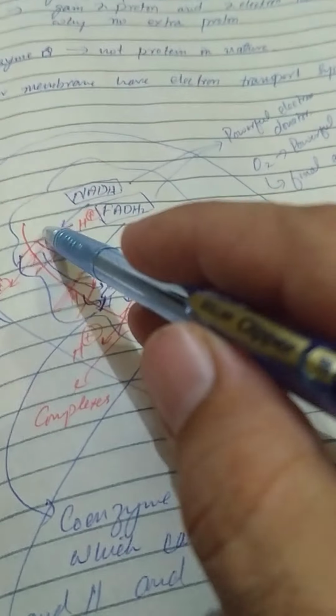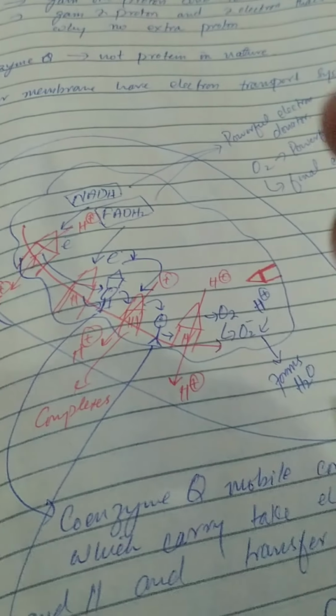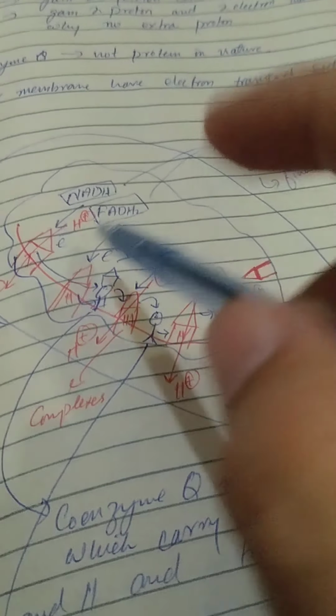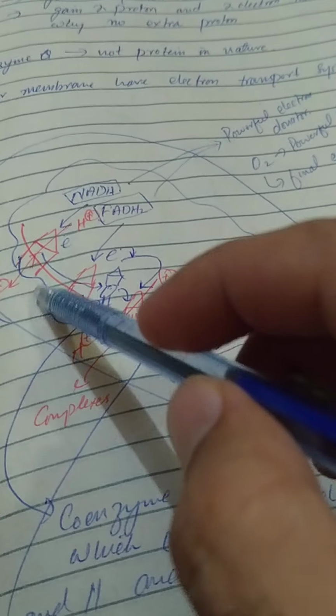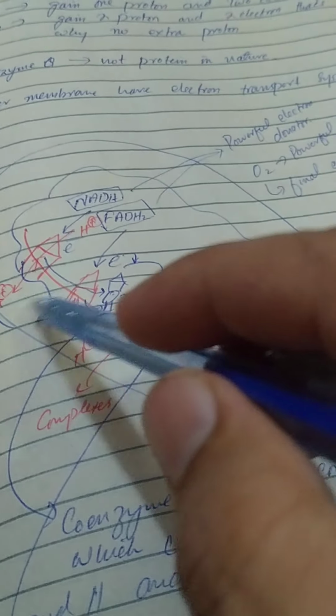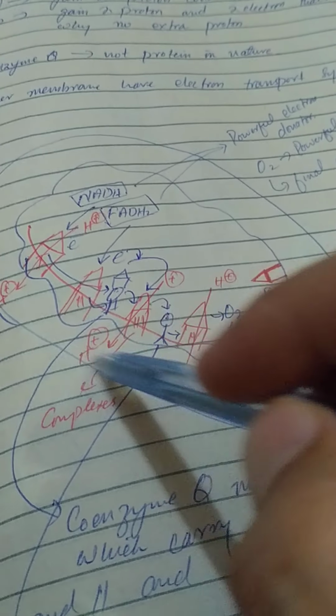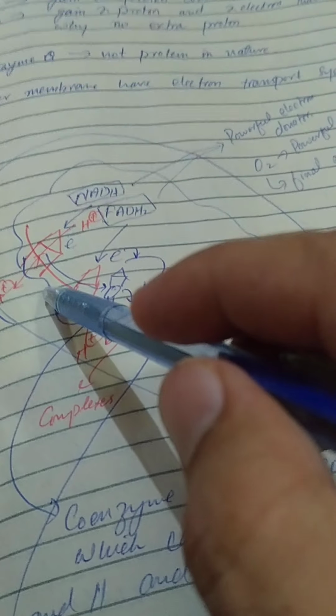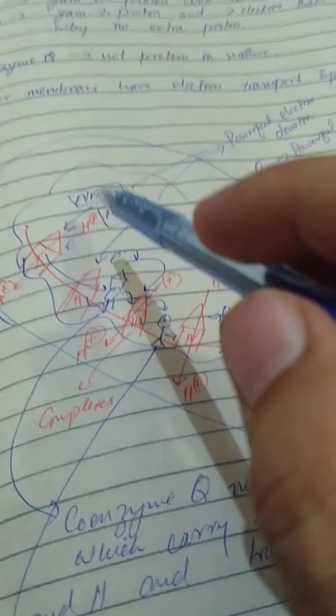Now when these complexes become energized, that energy is used because the inner membrane is not permeable to protons. The protons cannot pass directly through this membrane. The outer membrane is permeable, but the inner membrane is not permeable for the protons to get out of the matrix.